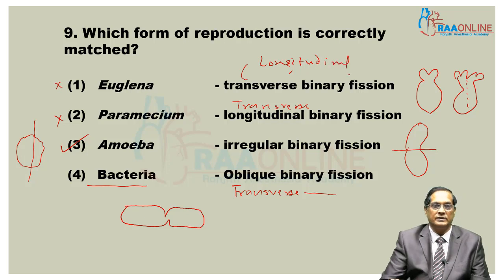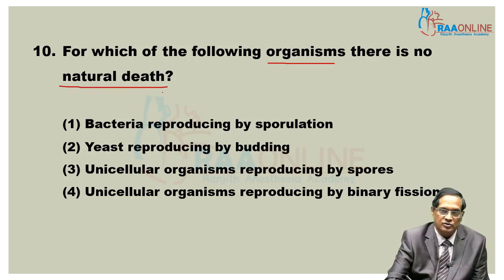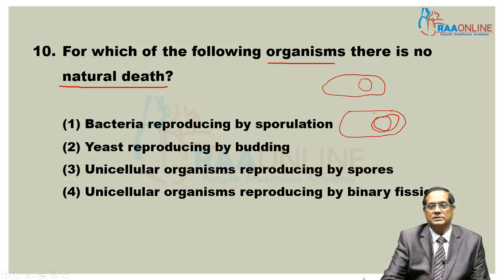For which of the following organisms is there no natural death? See the bacterial cell and its genome. This genome duplicates. There is a duplication of genome, indicating there are now 2 copies.